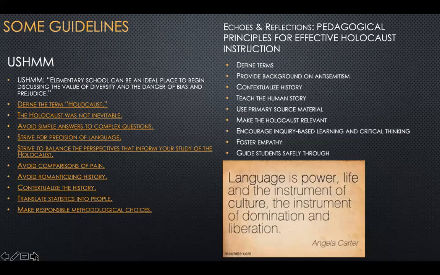So I'll talk a lot about fictional works, but aligning those and contextualizing those with primary source material so that students do learn that these are real events that happened to real human beings. And just making really responsible choices and knowing what you're trying to accomplish and why you think what you're doing is the best way to do that.